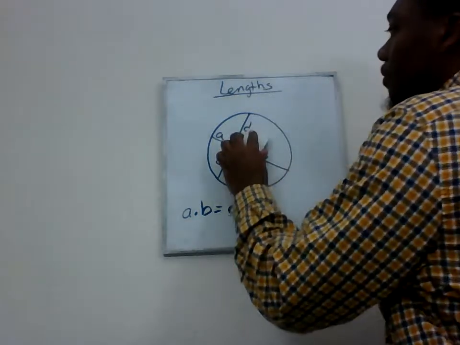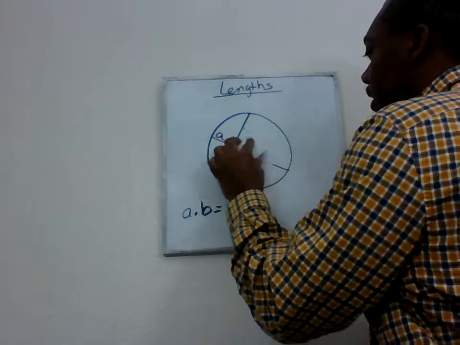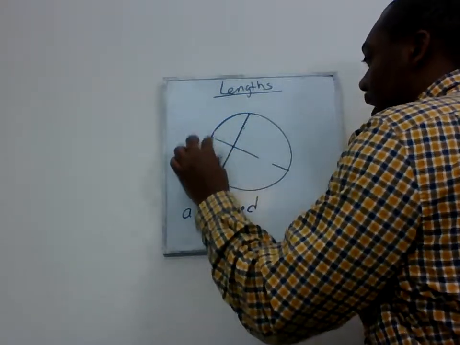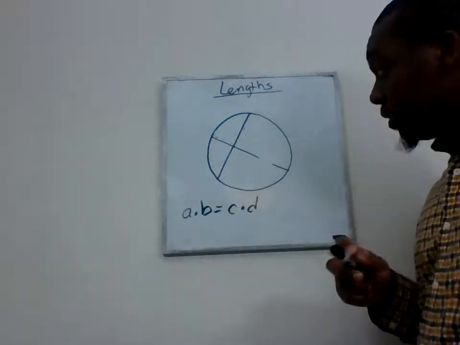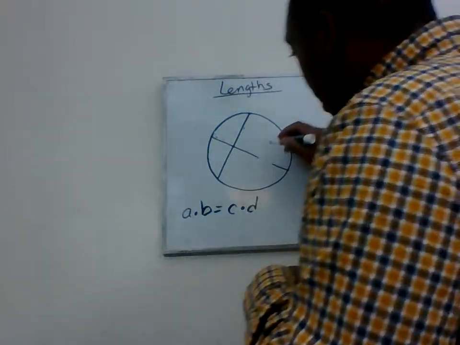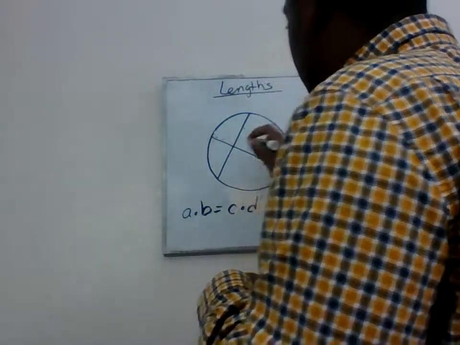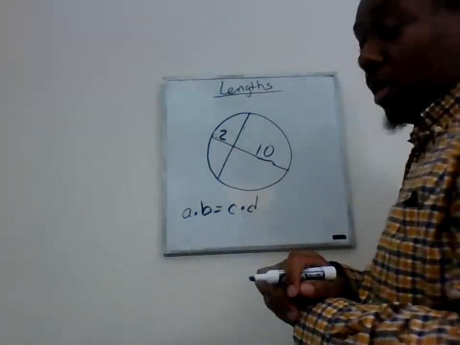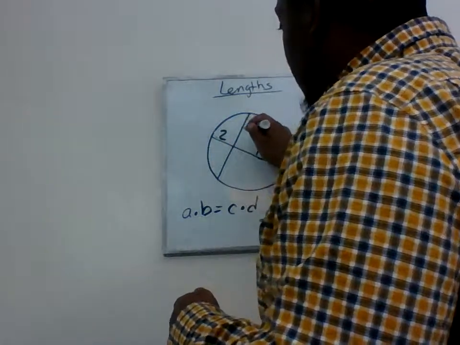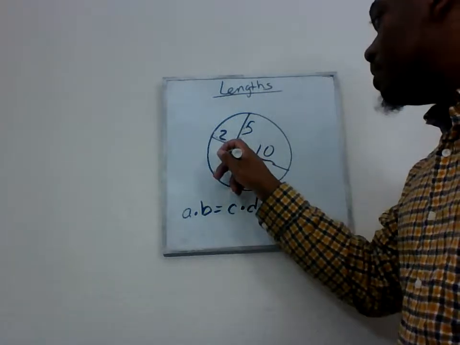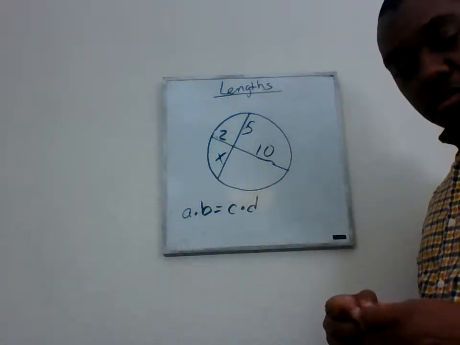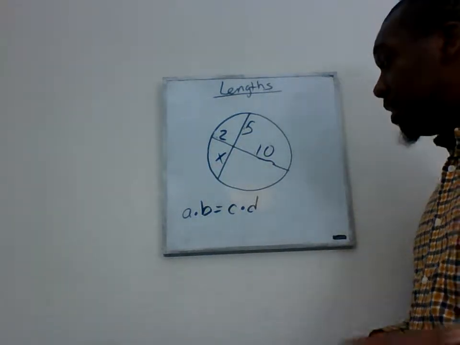Well, let's say I knew that this was 10, and I knew that this was 2, and this side was 5. I could find the missing side quite easily. Okay, so how would I do that?